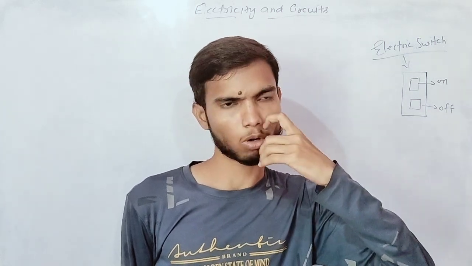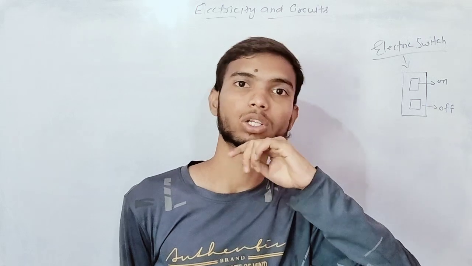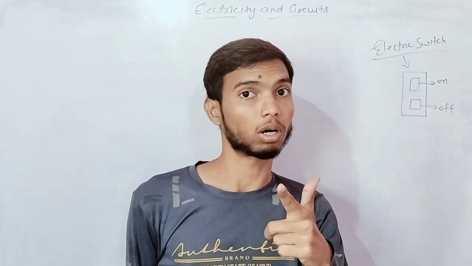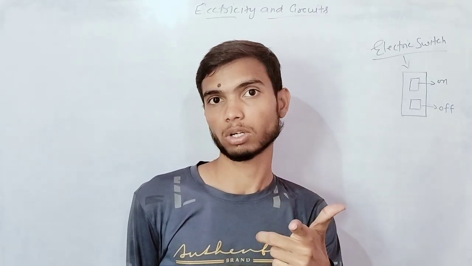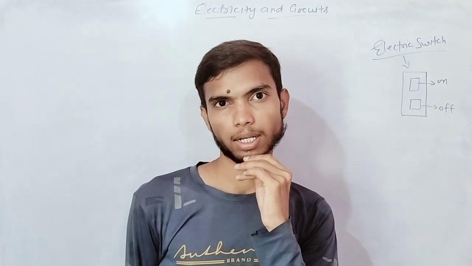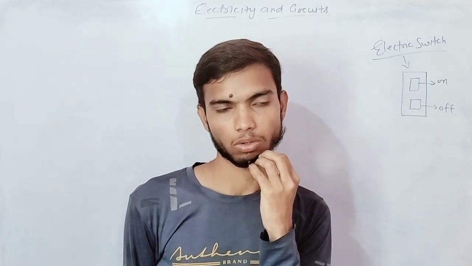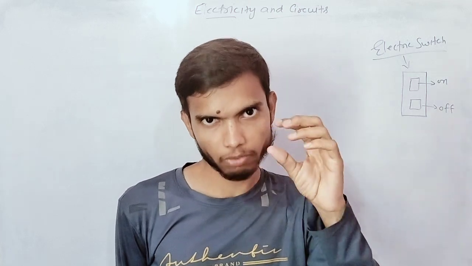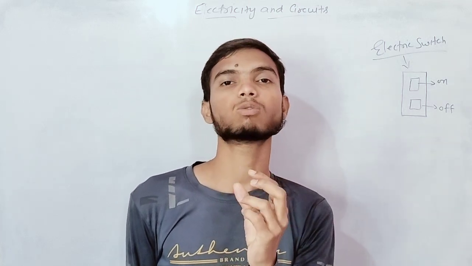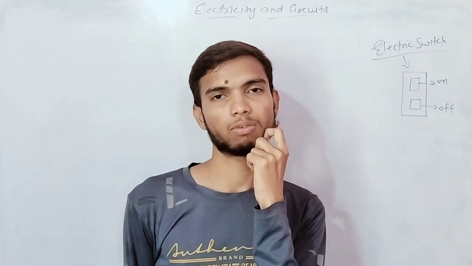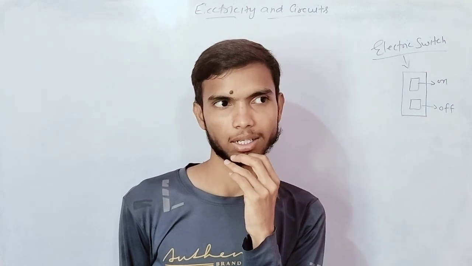The upper surface of an electric switch is made of insulator. You would say this is a new word, but let's avoid this word. The upper surface of the electric switch is made of plastic.